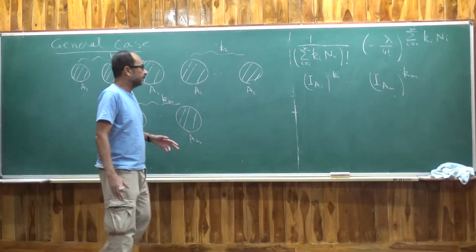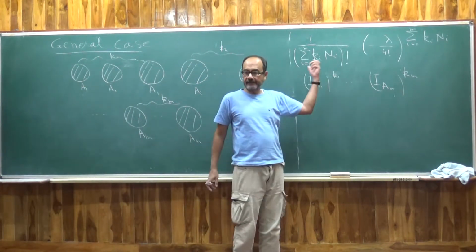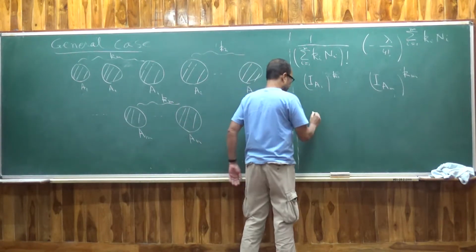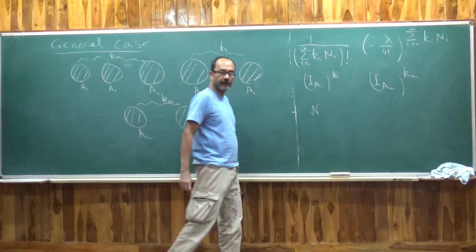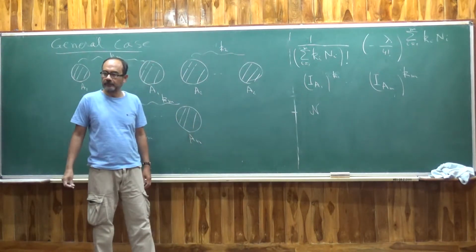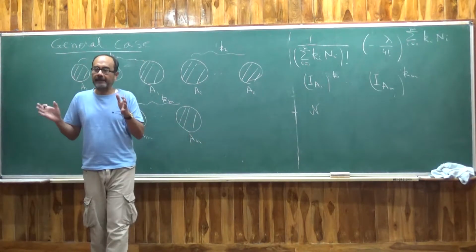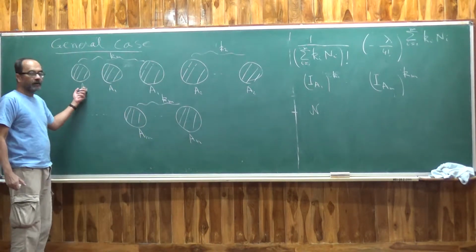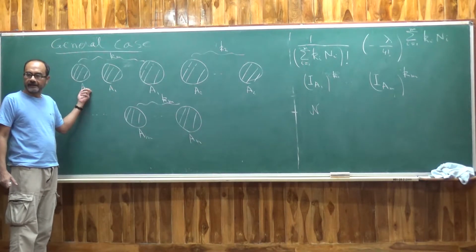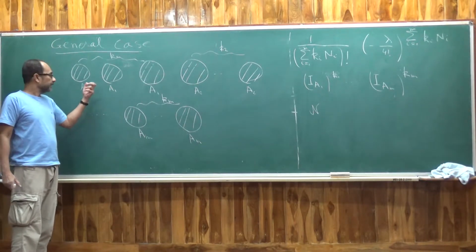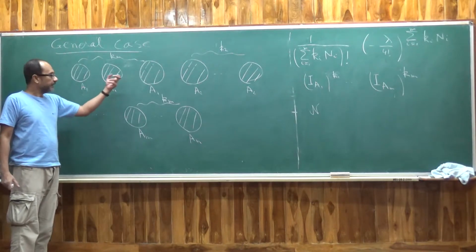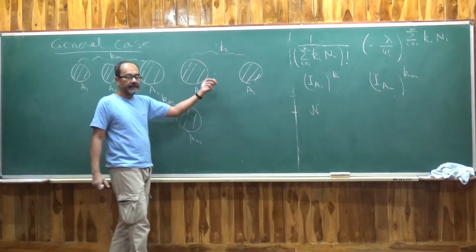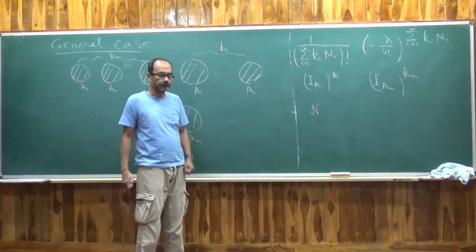We have altogether these many vertices; let's call this number capital N. We have to choose from the N vertices first n1 vertices that go in here, n1 vertices that go in the next one, and so on, and then n2 vertices that go in here, n2 vertices that go in the next one, and so on.